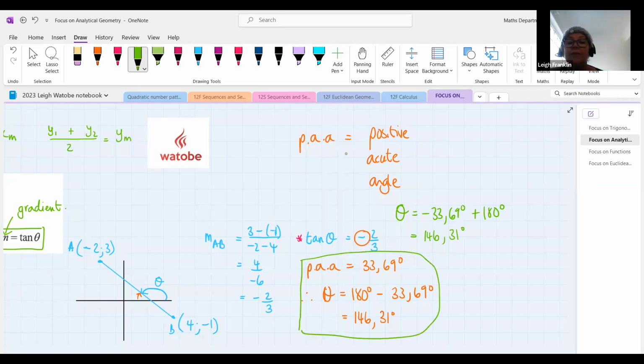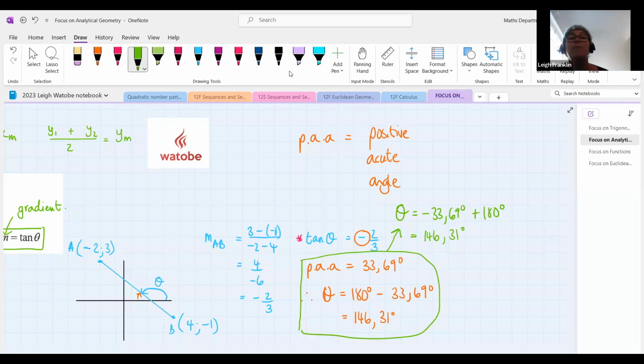Otherwise, if you've got tan theta equals minus 2/3, you could go straight to what is there in the green. Then you don't have to worry about stating that it's a PAA and that you're subtracting it. You could go straight to theta equals minus 33.69 plus 180, and then you don't even have to write that it's a PAA if you don't want to.